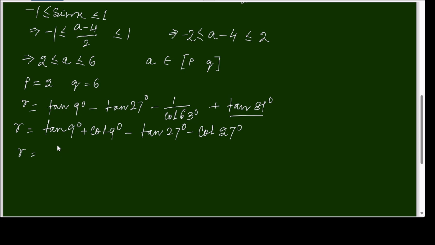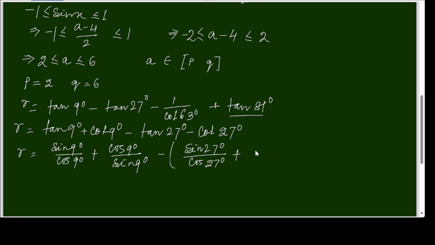So R equals sin 9 degree over cos 9 degree plus cos 9 degree over sin 9 degree, minus, taking minus common, sin 27 degree over cos 27 degree plus cos 27 degree over sin 27 degree.